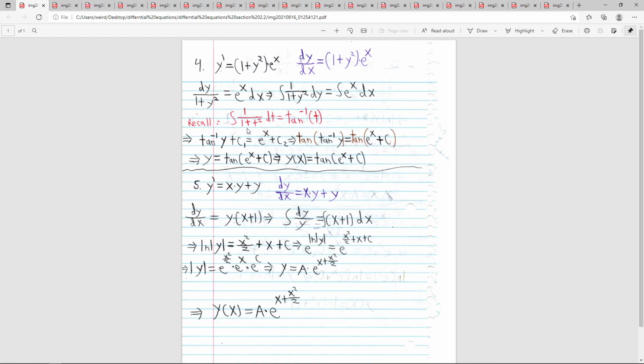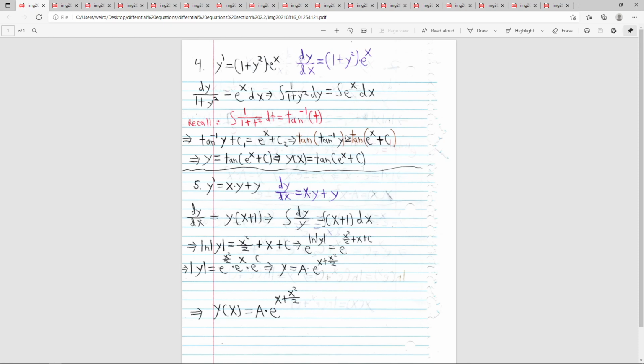But we'll recall a certain rule from earlier calculus. The integral of 1 over 1 plus t squared, or 1 plus x squared, and then you have the dx or dt depending on the variable, is equal to the inverse tangent of the variable. So the inverse tangent of y plus c1 equals e to the x plus c2. Remember, from earlier, the integral of e to the x or e to the y or anything is just e to the x or e to the y.